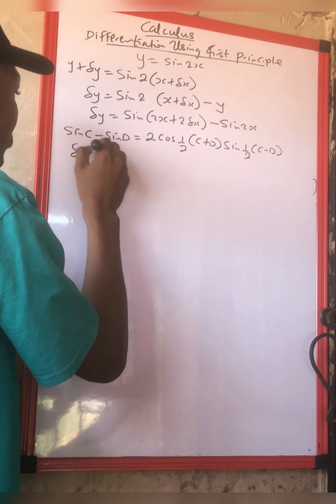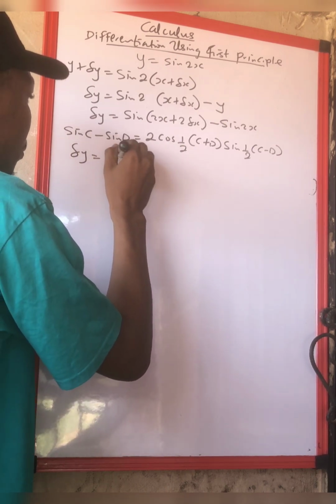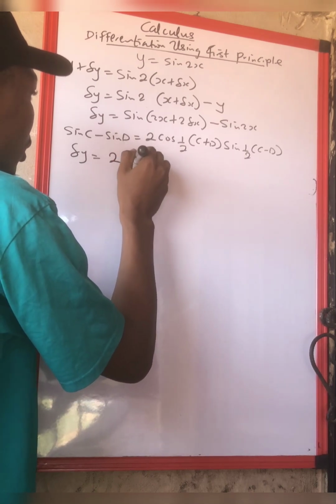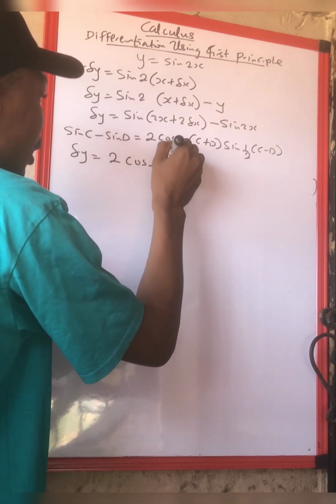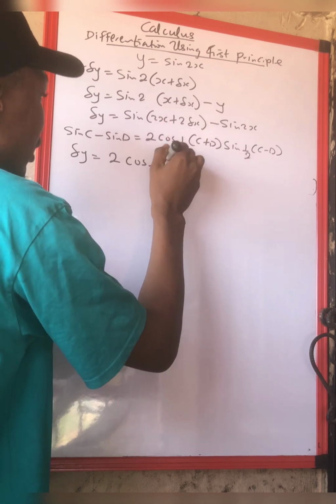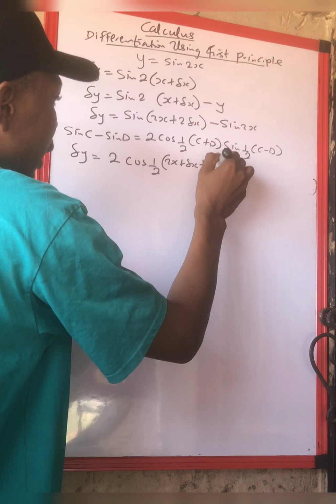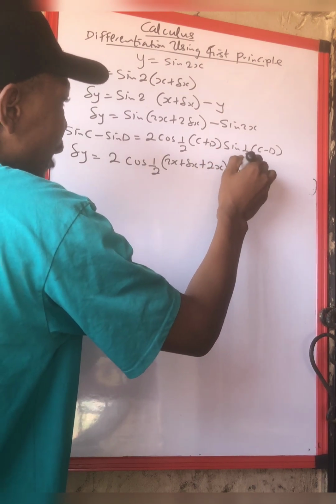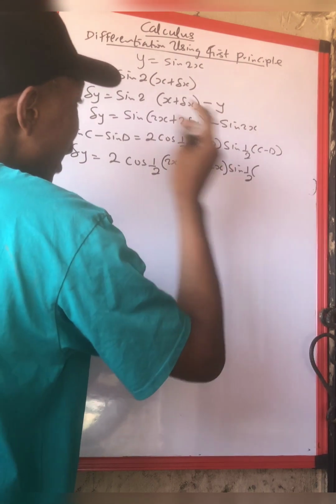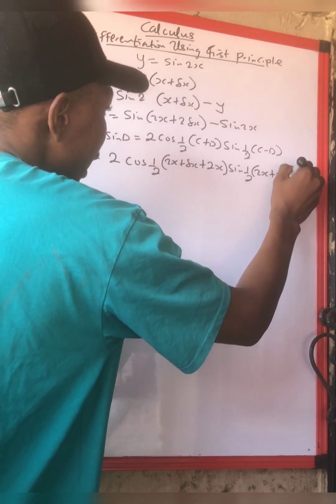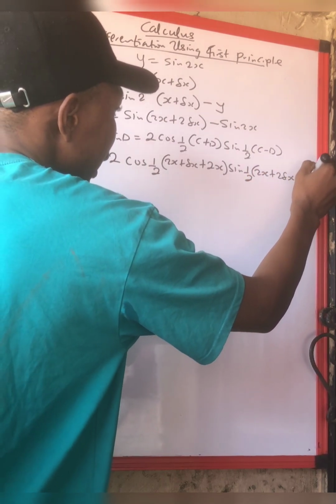So we have change in y equals 2 cos half of (2x plus 2 change in x, plus 2x, which is our D), then sine half of (2x plus 2 change in x, minus 2x).